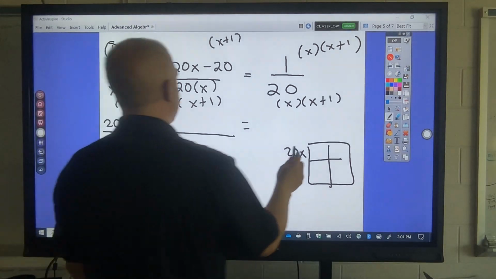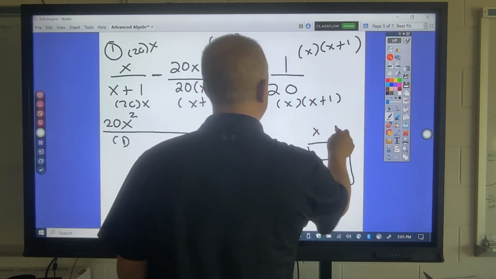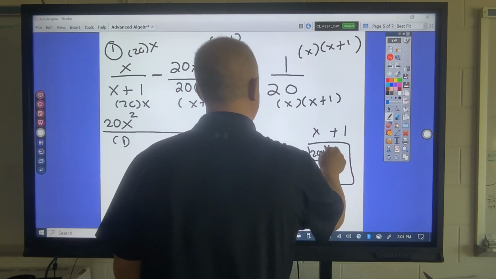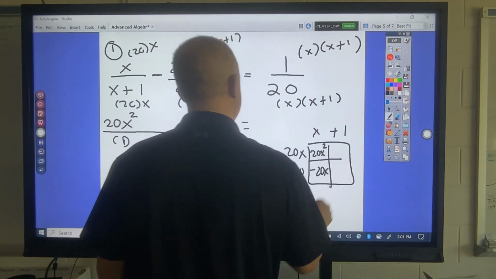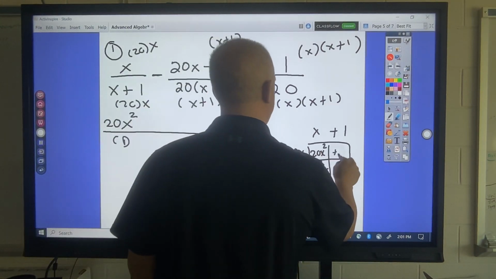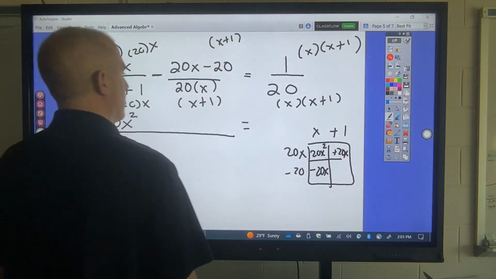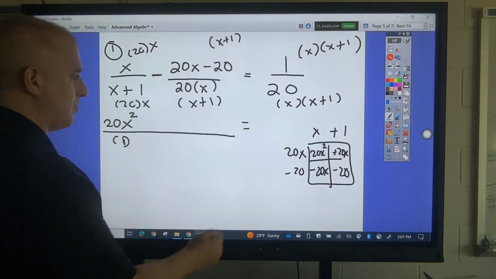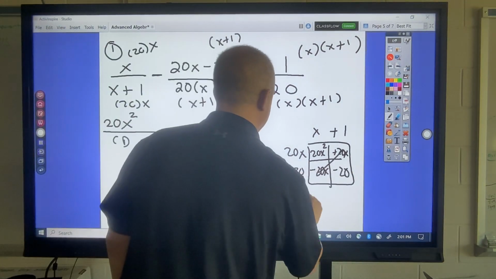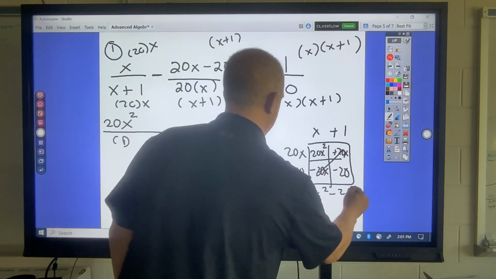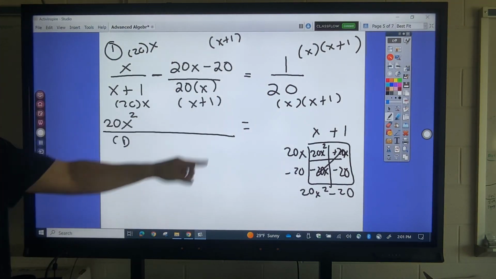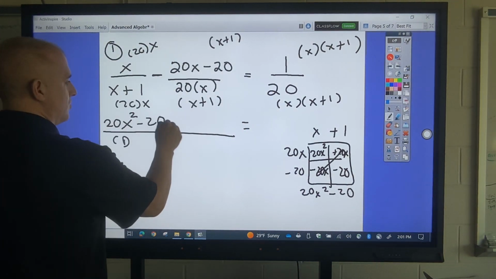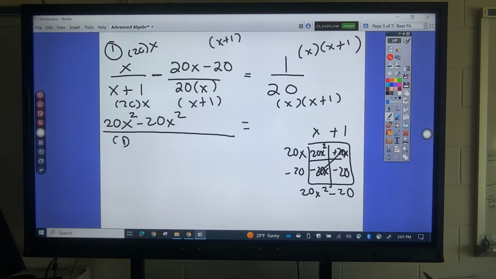Okay, so that's 20x minus 20 times x plus 1, that's 20x squared minus 20x, plus 20x, minus 20, okay? Now, what that would combine to, these will go away, that's 20x squared minus 20. Now, since it's subtraction, I want to change those signs. So 20 minus 20x, okay?